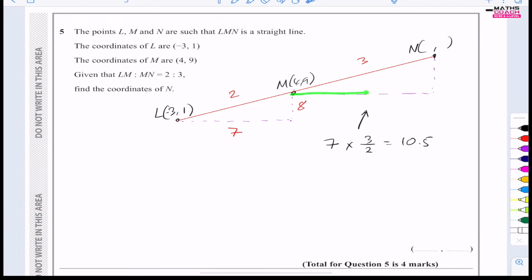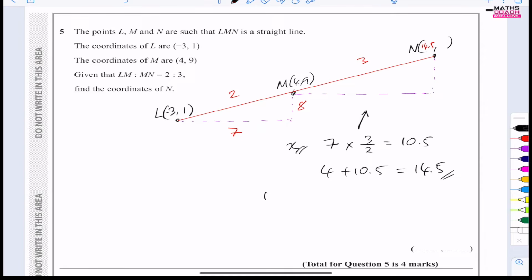This means this length here is 10.5. So I can take the 4 and add the 10.5 to get the x here. So for the x, 4 plus 10.5 gives me 14.5 for the x coordinate. So that's 14.5.